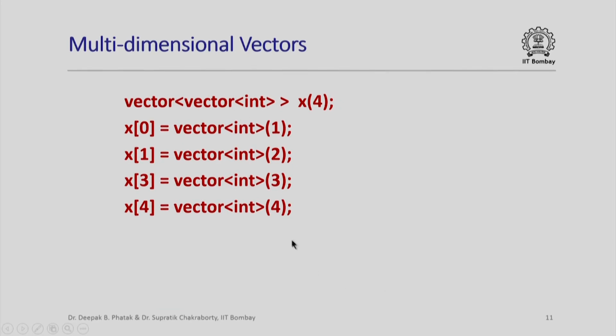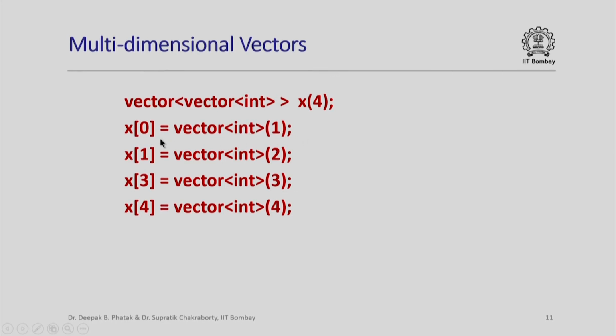Now, consider this very interesting piece of code where I have declared x to be a vector of integer vectors, and I have said that x is going to have 4 elements, but now I am saying that instead of all the 4 elements being an integer vector of the same size, x[0] is going to be an integer vector of size 1.